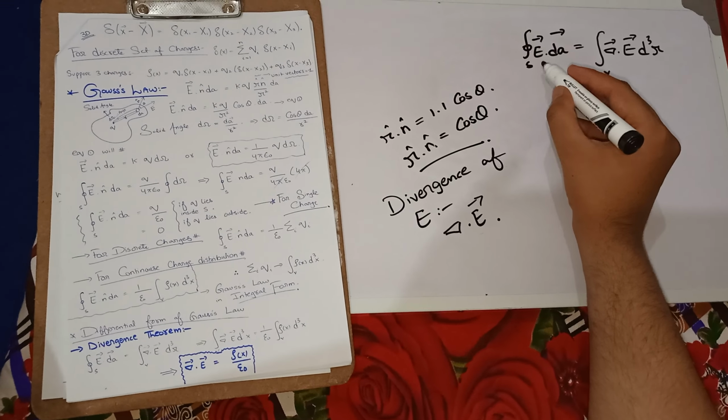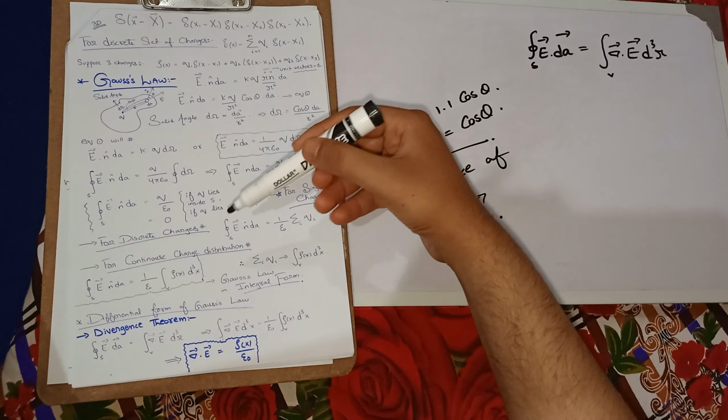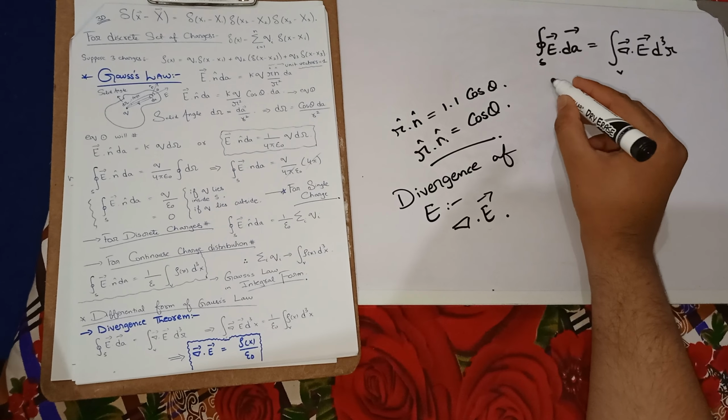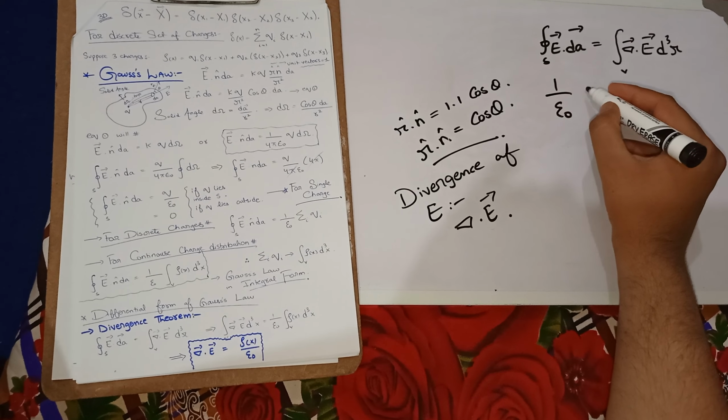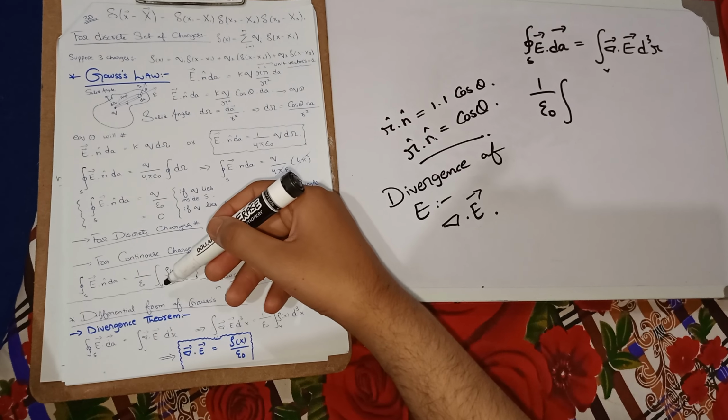Now you just have to put in the value of this electric field, which we already found: it becomes 1 by epsilon naught times the integral over the volume.